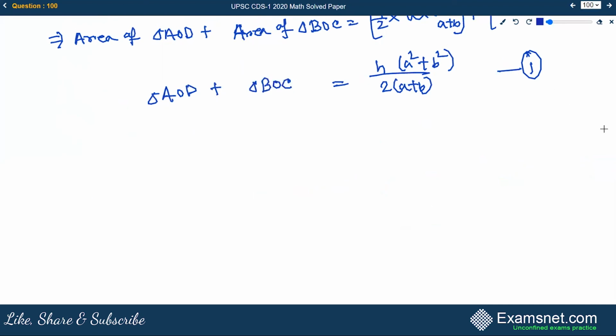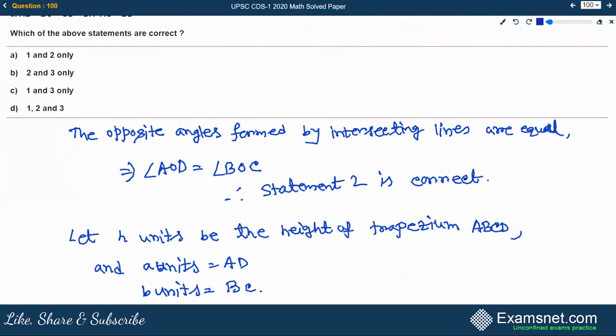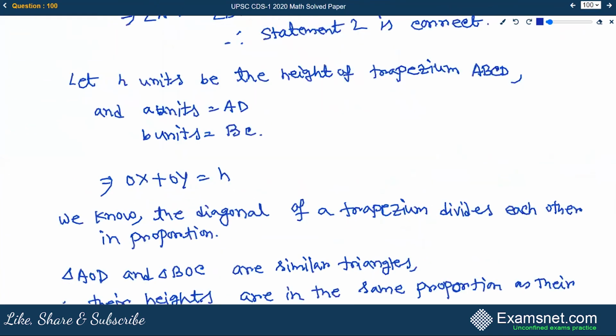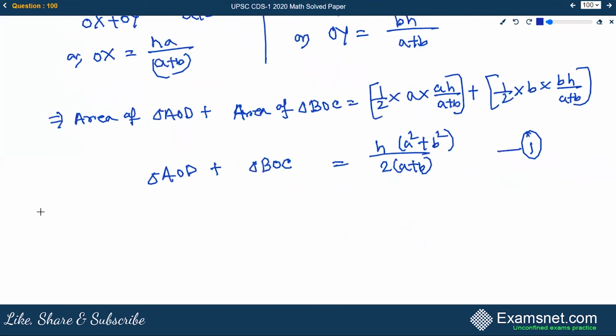Okay, now the sum of this area is equal to the sum of the areas AOB and DOC. Correct? So now look, how can we find that portion area?